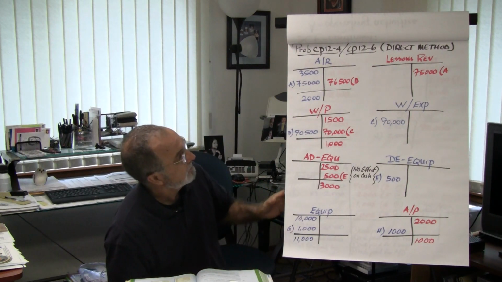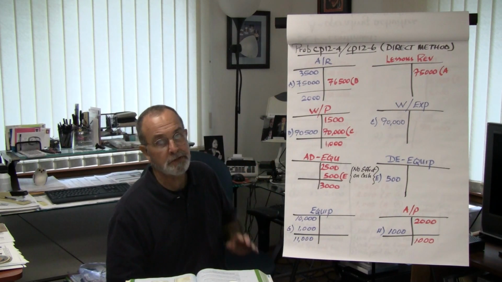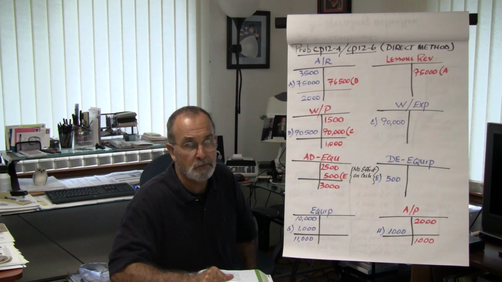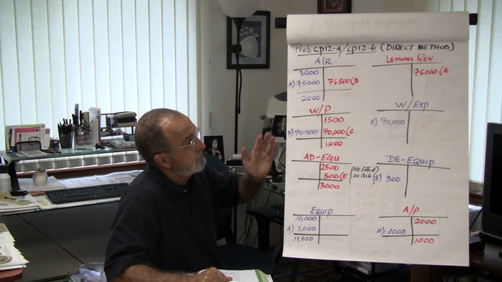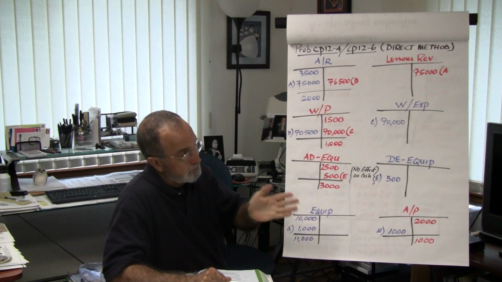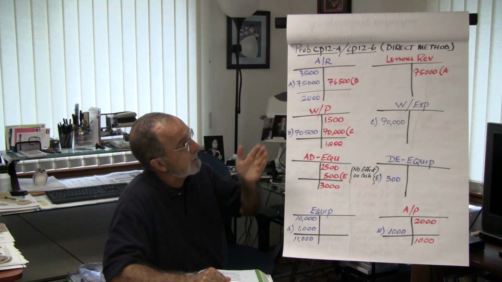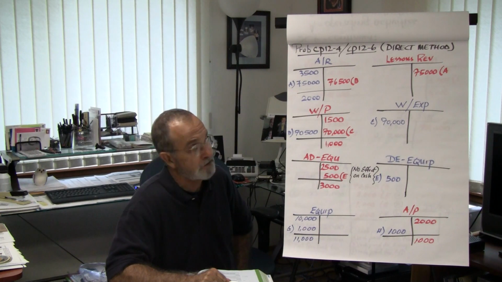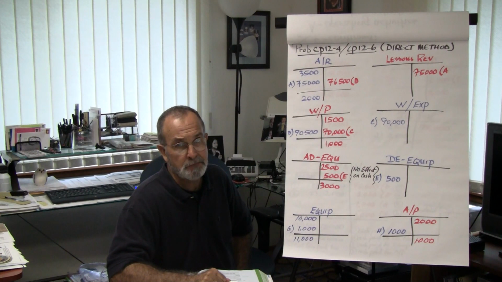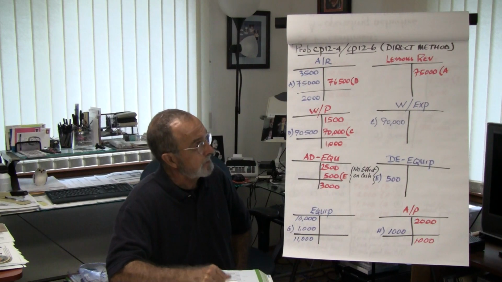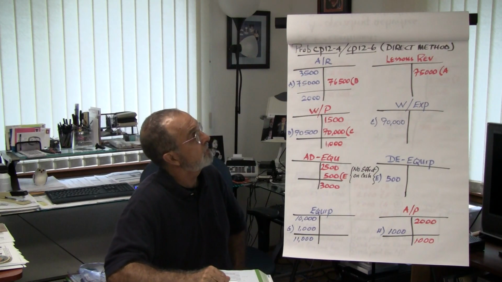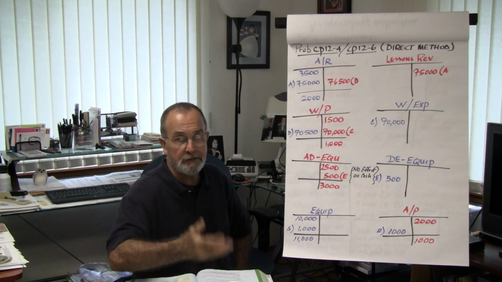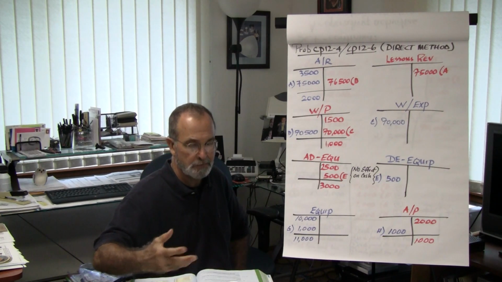but let's see if we can work through this and make some sense out of it. Now, normally I like to work through this type of problem from scratch, meaning that we start out with a blank sheet of paper. I like to use T accounts to illustrate putting together the statement of cash flow. And then as we move through the problem, we can add the information transaction by transaction.